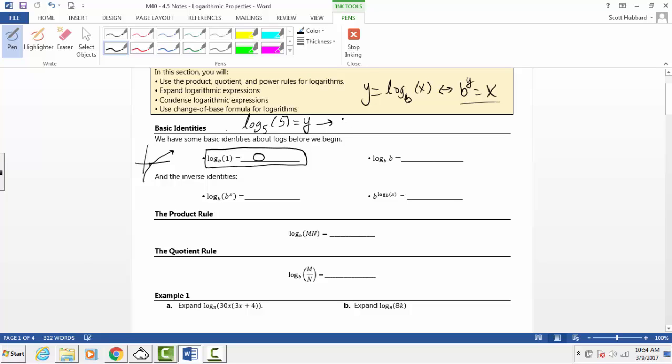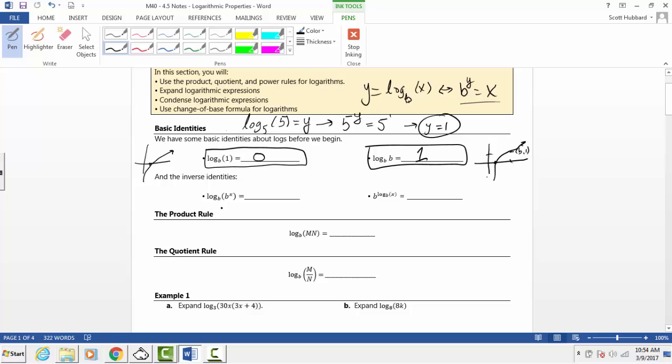Well, then that's going to say, okay, 5 to some unknown exponent has to equal 5. And it's pretty clear what this exponent has to be. That tells me y is equal to 1. So log base b of b is equal to 1. They just always cancel out. And this is FYI why when we graphed a log, the key point was always b comma 1 up here. So the graph went like that.